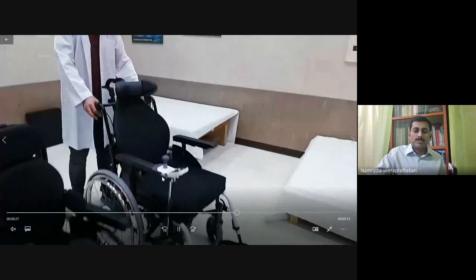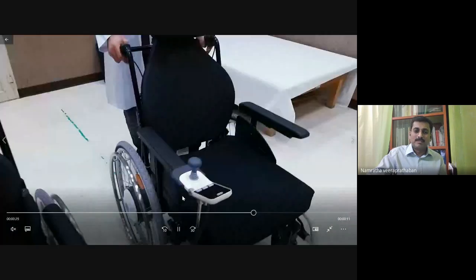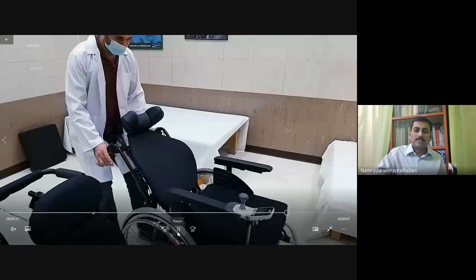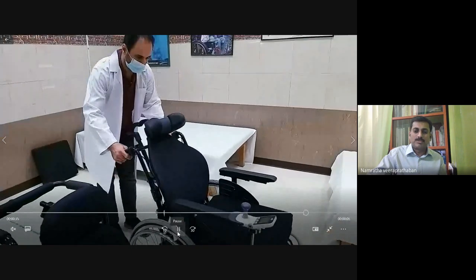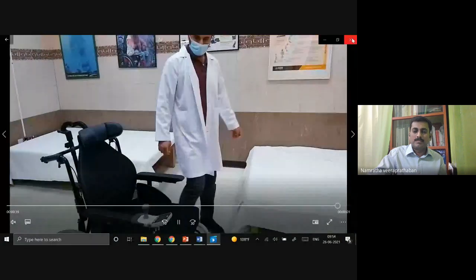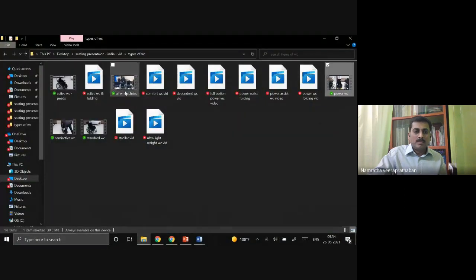And this is also a power wheelchair with dynamic recline. There is a difference. I said in tilt in space, the hip angle doesn't change, but in recline, the hip angle changes. I think I have almost finished the independent wheelchairs.